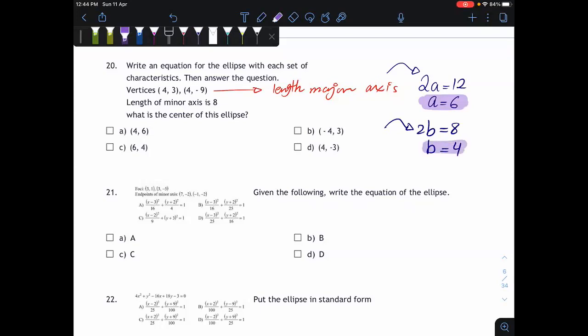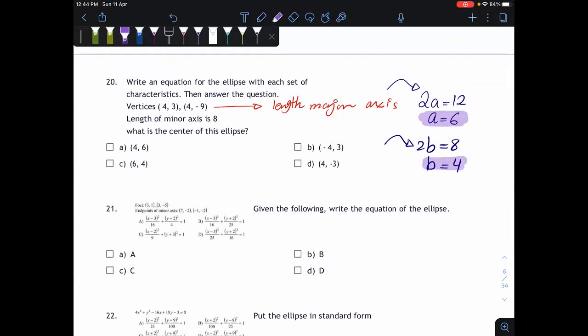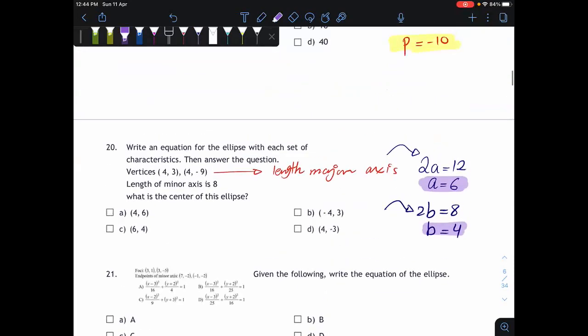So simply can we write the equation? No. We still need to find the center. The center is the midpoint between the 2 vertices. Excellent. You can find quickly the midpoint by using the midpoint formula. 4 plus 4 over 2, comma 3 plus negative 9 over 2.